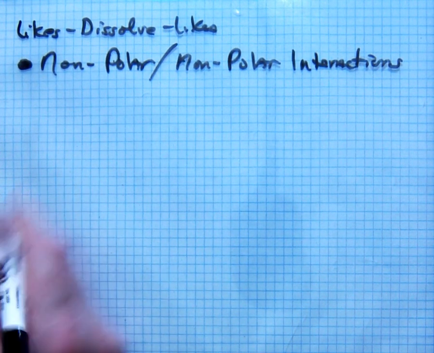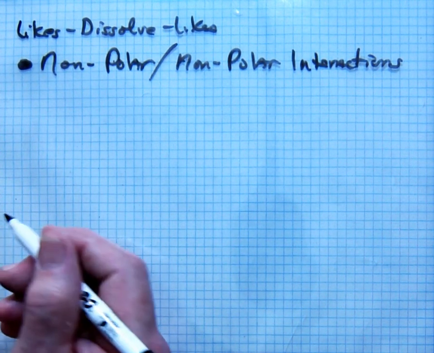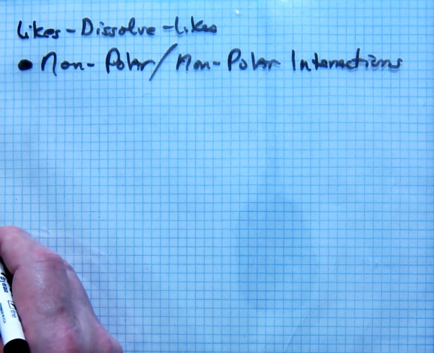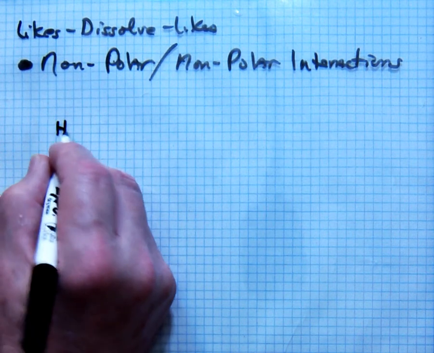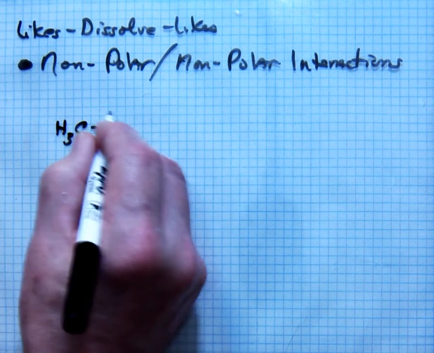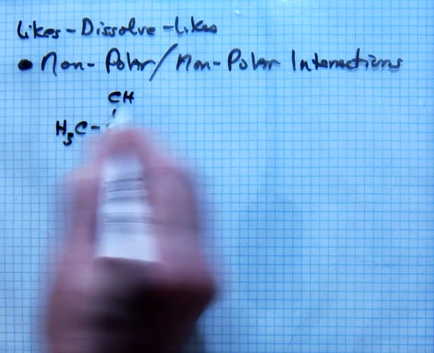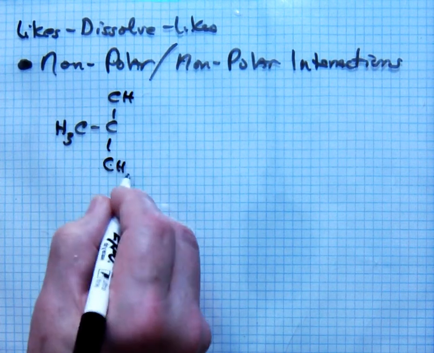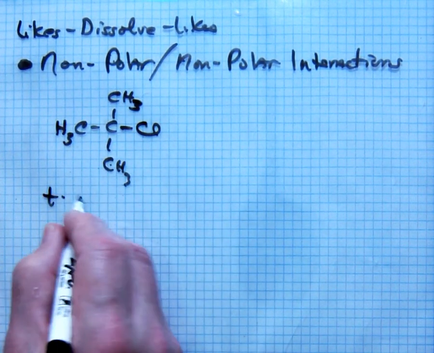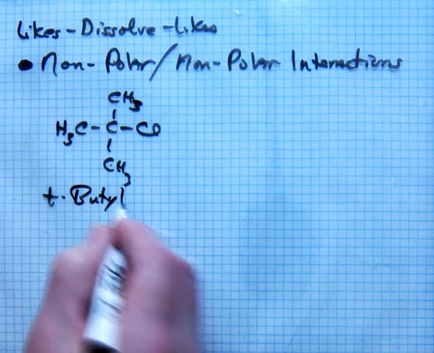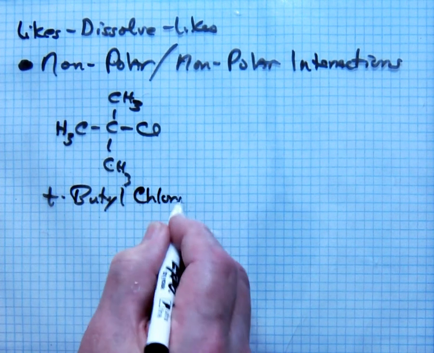If you had a large molecule, think for a second. This is called t-butyl chloride.